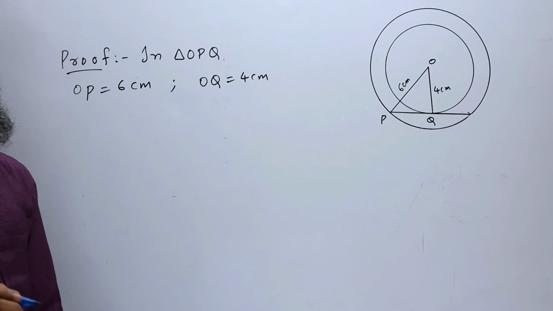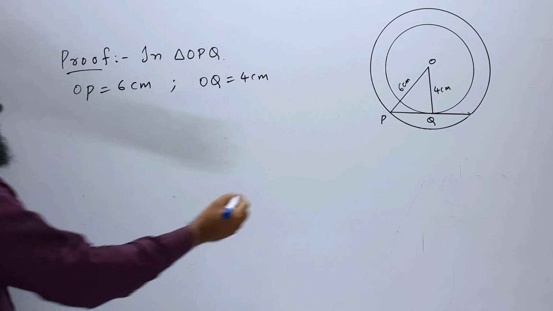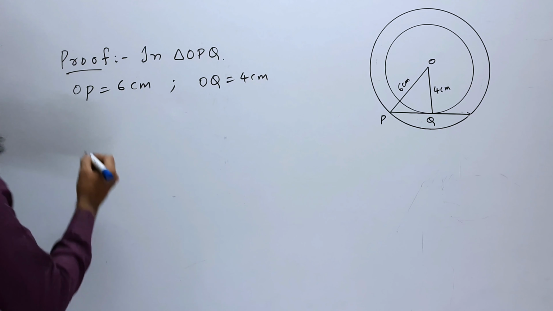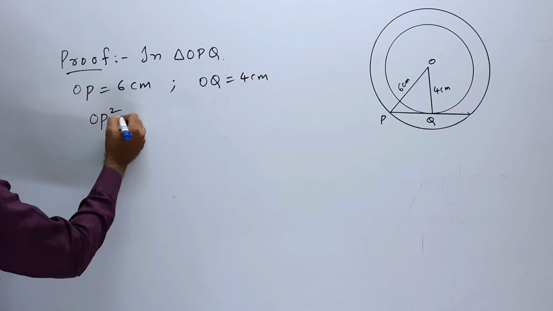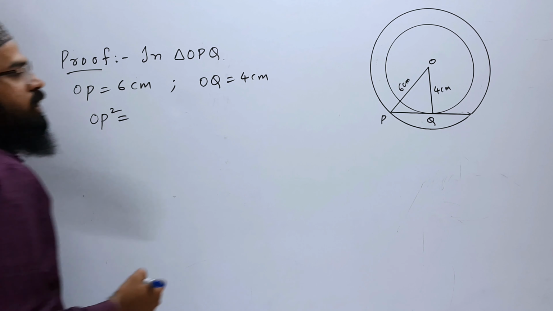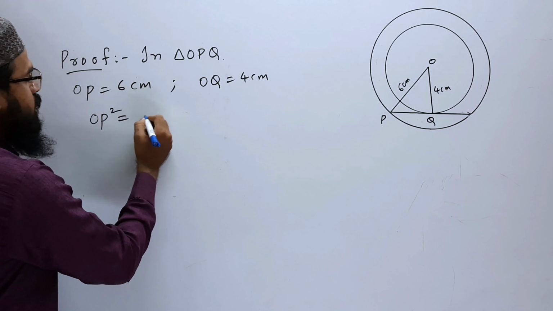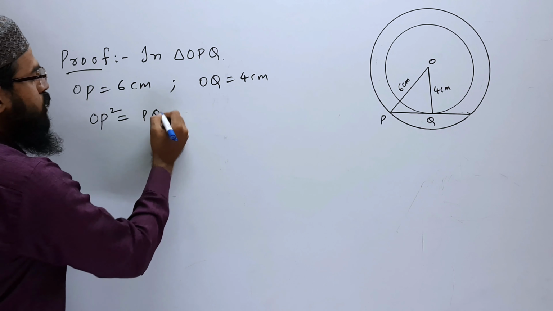So by Pythagoras theorem, we have to find the value of PQ. Hypotenuse square, that is OP square, is equal to PQ square plus OQ square.